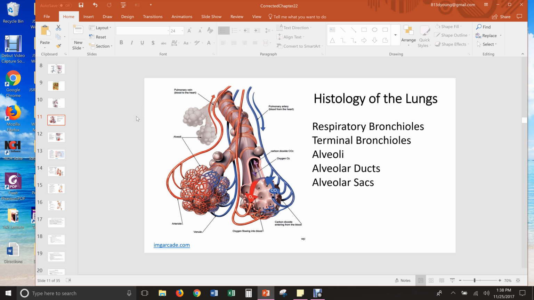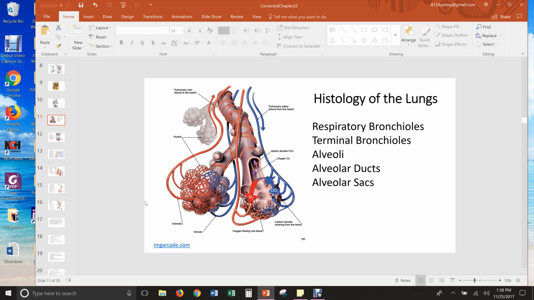Now, at this point, we can see that these alveoli have a connection to capillaries. They are very well vascularized, and because this is the area where everything occurs, this is where we see the exchange of our gases, the exchange of oxygen and CO2.